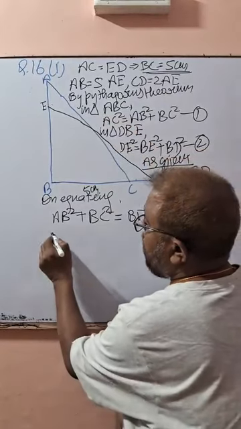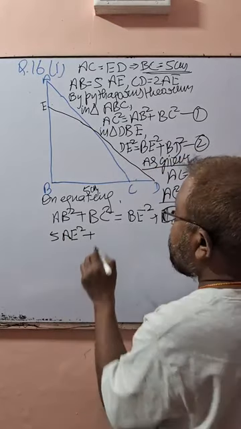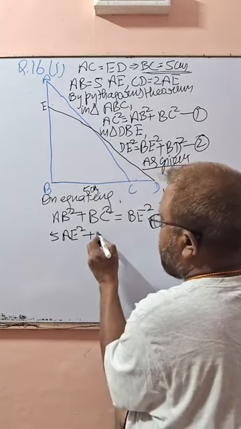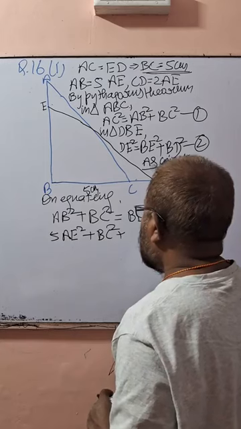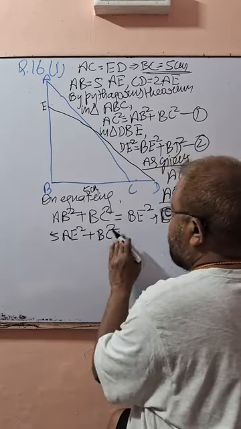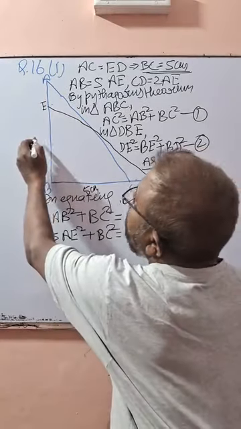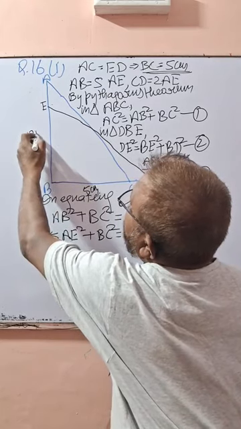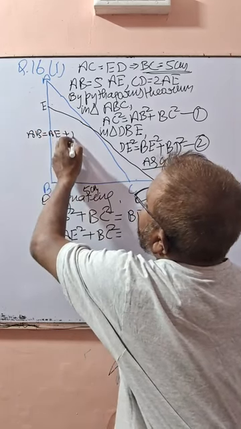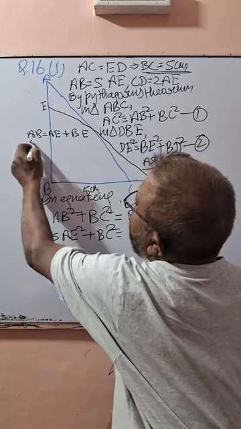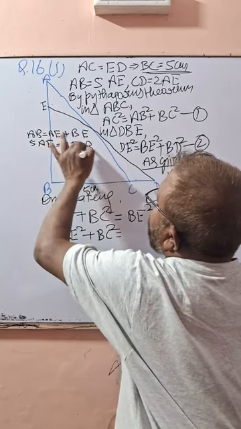Now AB is equal to 5AE, and AB is equal to AE plus BE, so 5AE is equal to AE plus BE.